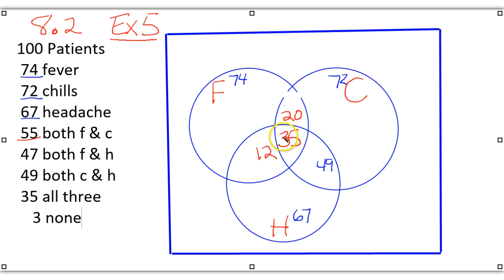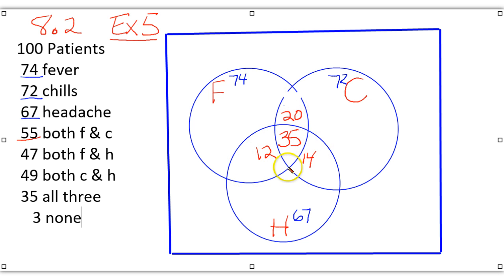But we knew 35 of them also had those, so we have to subtract 35 from the 49, and that's going to give us, in red now, 14. So we have a lot of the data.